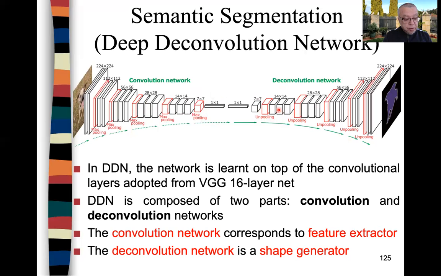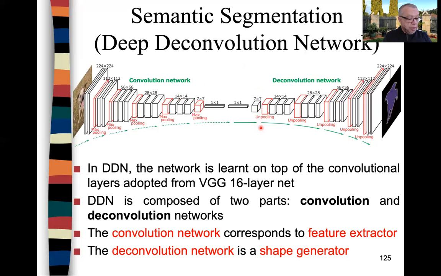In this case, the deconvolution enlarges the activation through the combination of M-pooling and deconvolution operations. So you can see here that it's a mirror version. This is mirrored with this one, this is mirrored with this one, and so on.